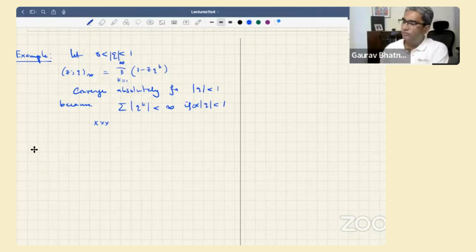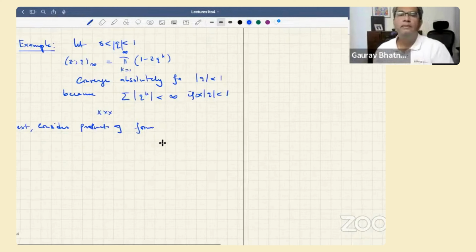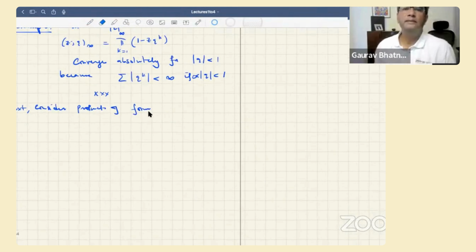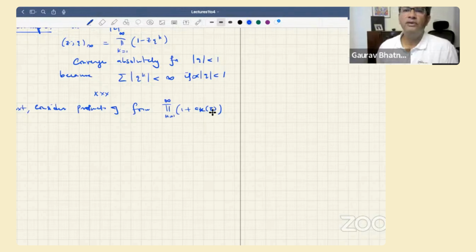So let's consider products of this form: the product of 1 plus some function of z, a_k(z), with k going from 1 to infinity.